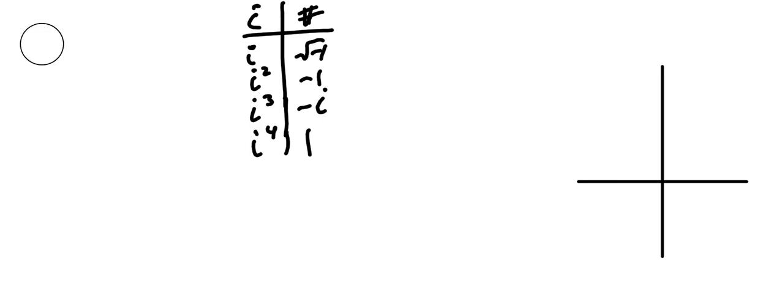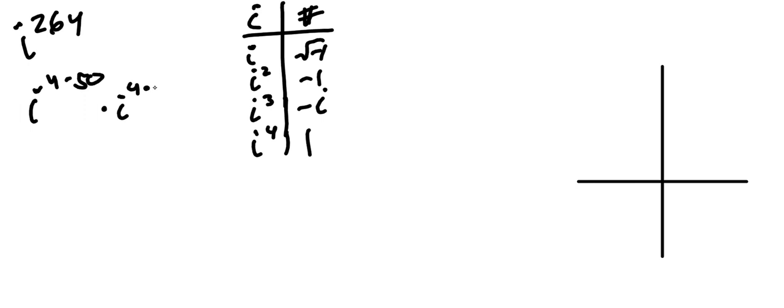Now, let's do 2 more. Now, let's do i to the 264th power. So what we're going to do is we're going to try to take out these separate pieces. So i raised to the 4 times 50, and then we're going to multiply, but we're just going to break this up because 264 is a big number. Well, 60 we have left is 4 times 15.